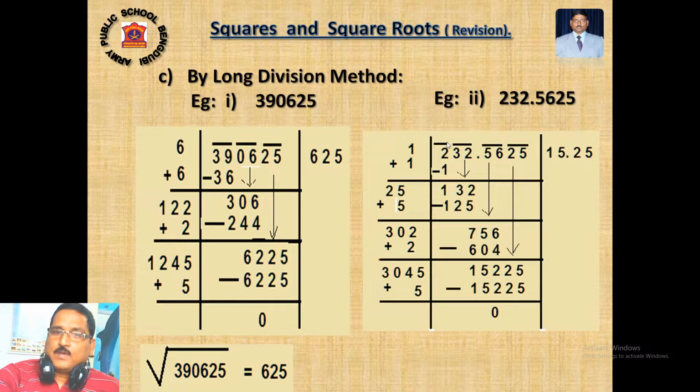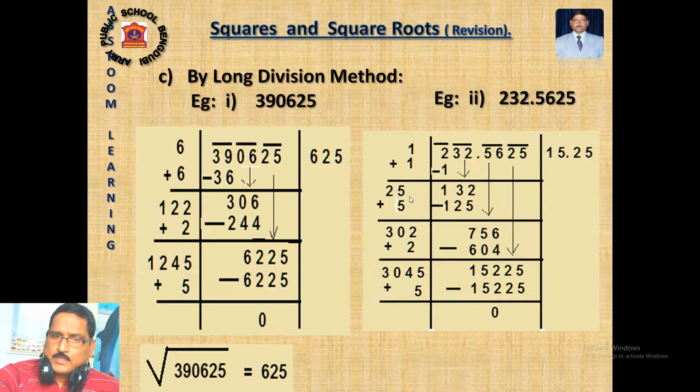Now what is the number under the first bar? Only 2. Which number when multiplied gives near about 2? 1. So the quotient is 1, the divisor also 1. After adding 1 and 1, I am getting 2. After subtracting from the first bar, I am getting 1. Bring down the second pair, 125.